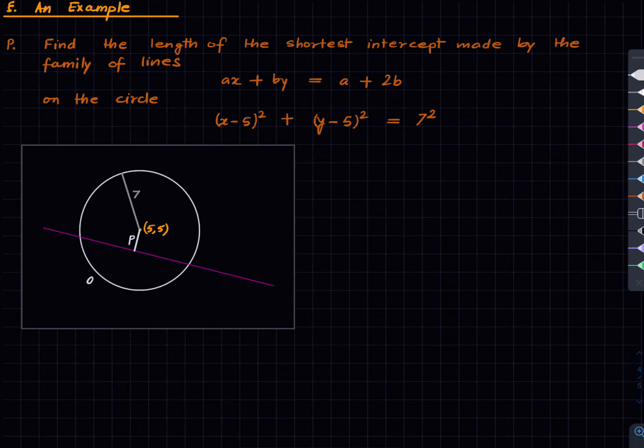So the value of P is 5A plus 5B minus A plus 2B, absolute value, divided by this thing. That's what we just learned.